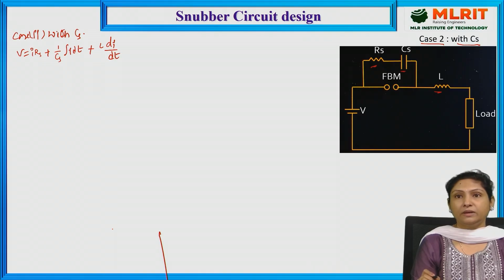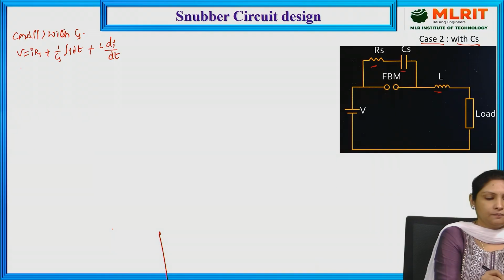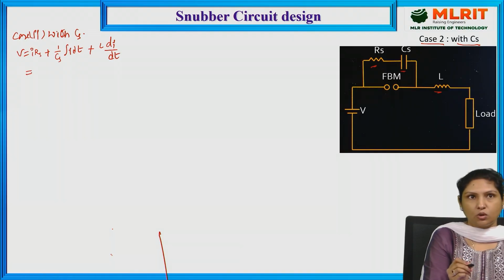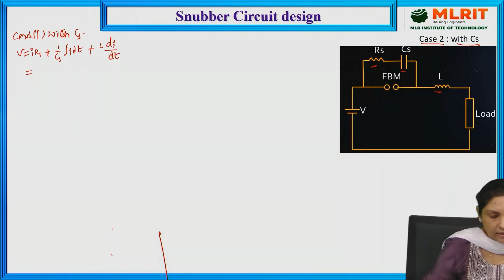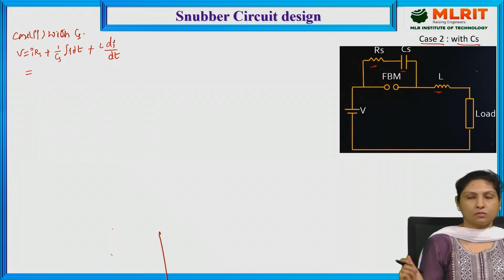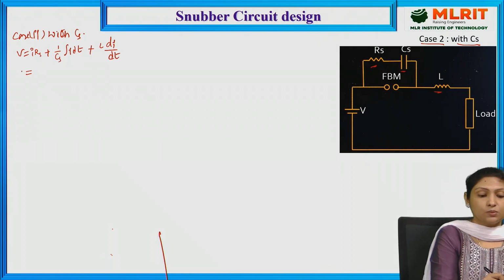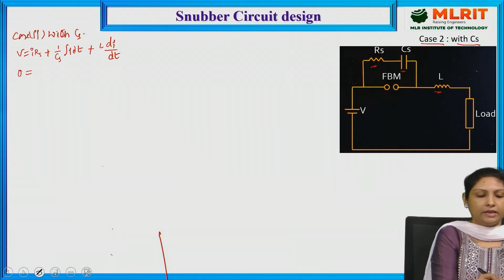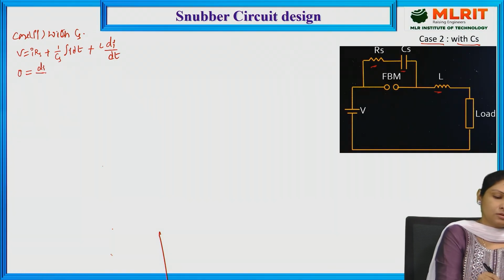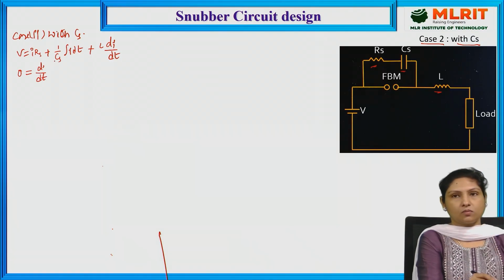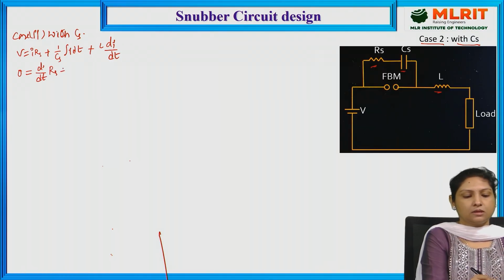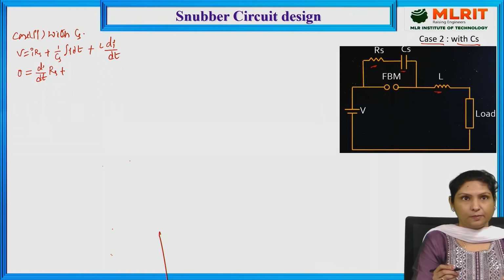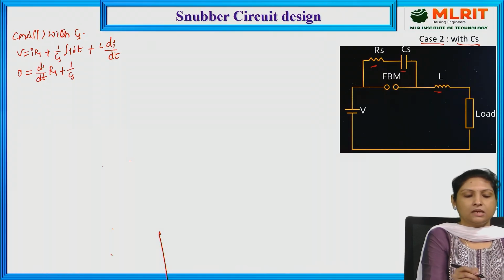And now let me differentiate this particular equation with respect to T. In that case, we get, since V will be constant, we are differentiating with respect to T. So in that case, dV by dt is equal to 0, and here di by dt into Rs plus, differentiating with respect to t, we get 1 by Cs, and since we are differentiating with respect to t, we get I, where dt by dt is equal to 1.